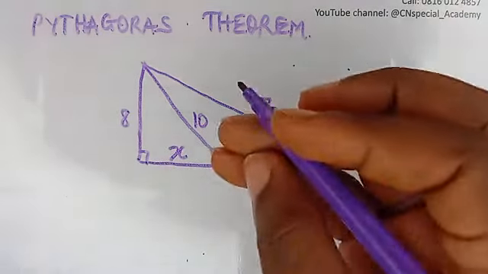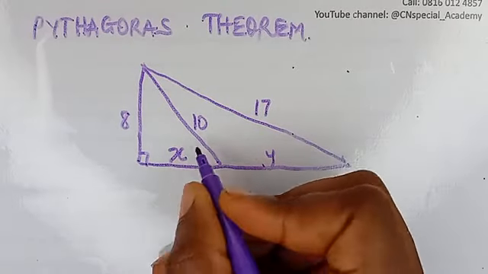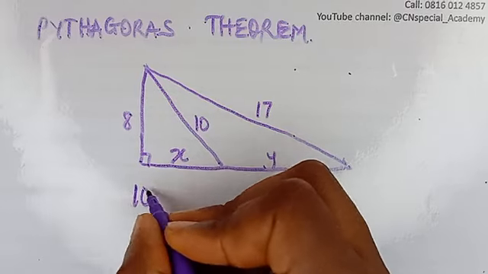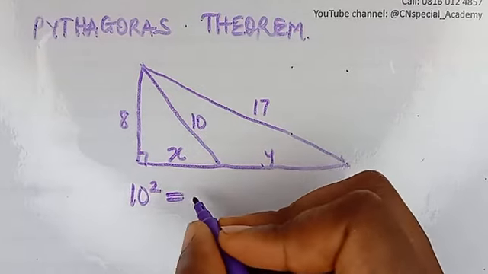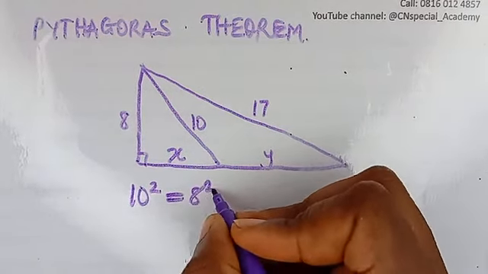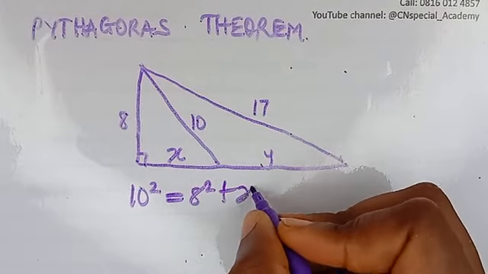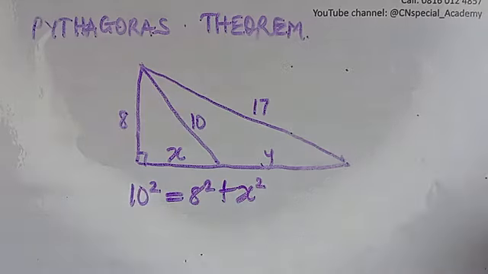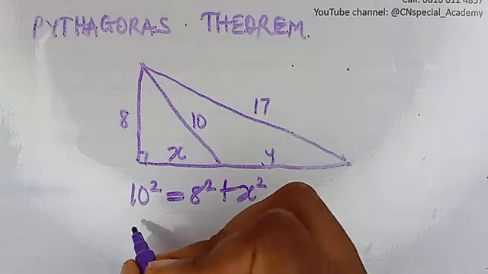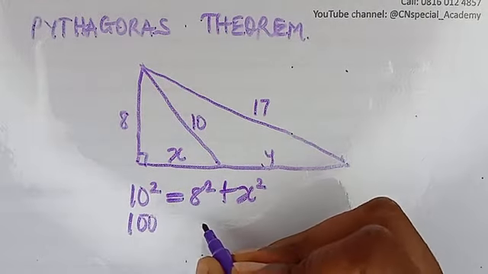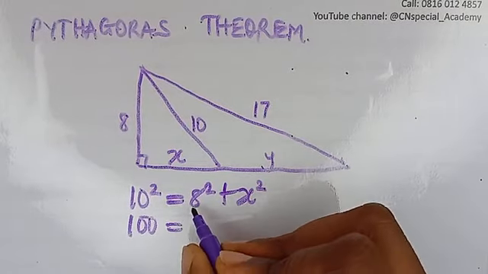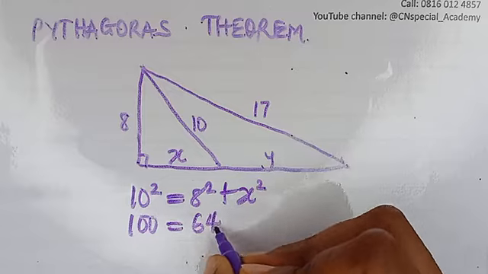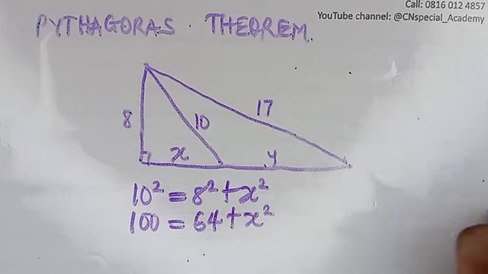Now for here, we have that the hypotenuse squared. So the hypotenuse is 10. 10 squared is equal to this other side squared, 8 squared, plus the remaining side squared, in this case x squared. We now have that 10 squared is 100, equal to 8 squared is 64, plus x squared.